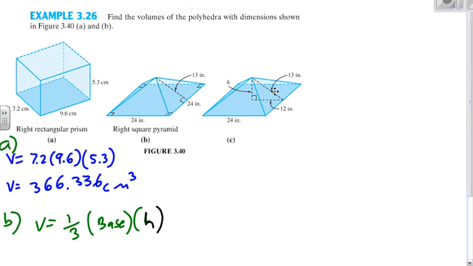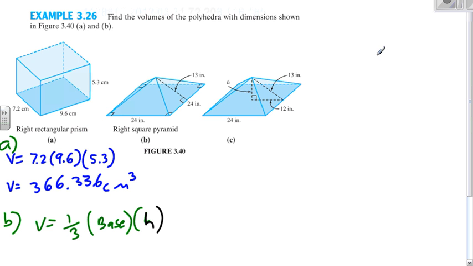We're only given the slant height, so we do need to find the vertical height of the pyramid. So we'll use the fact that that's going to be in the center, so it would be 12 away from the edge. The slant height is 13.